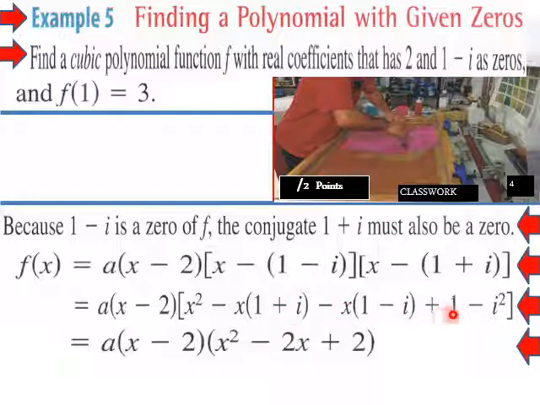And then plus (1 minus i) squared. i squared is negative 1. Combine these two terms together and you get 2. So this all becomes x squared minus 2x plus 2.